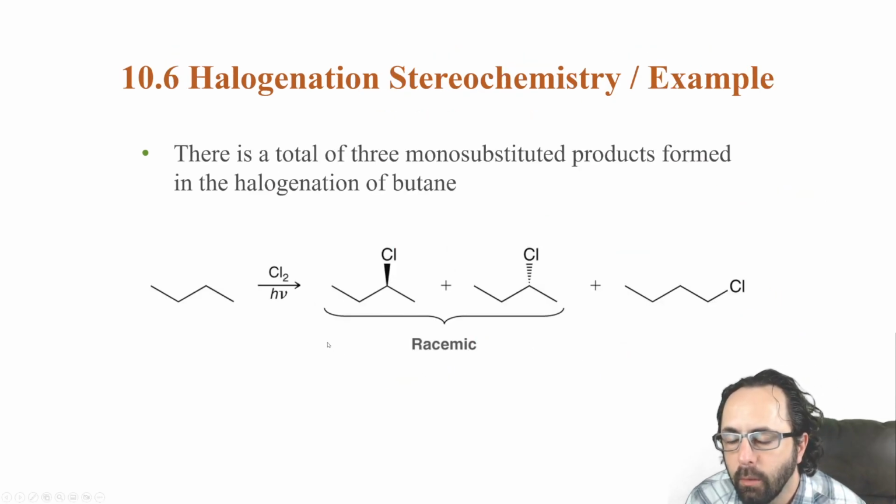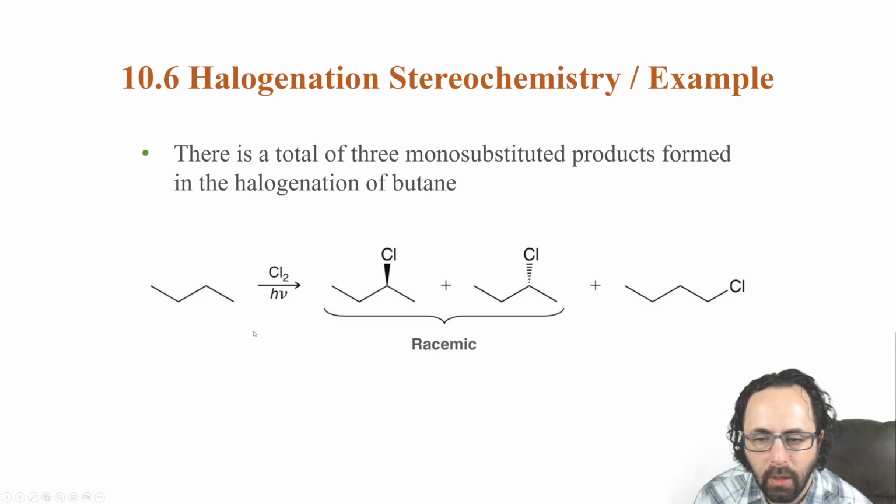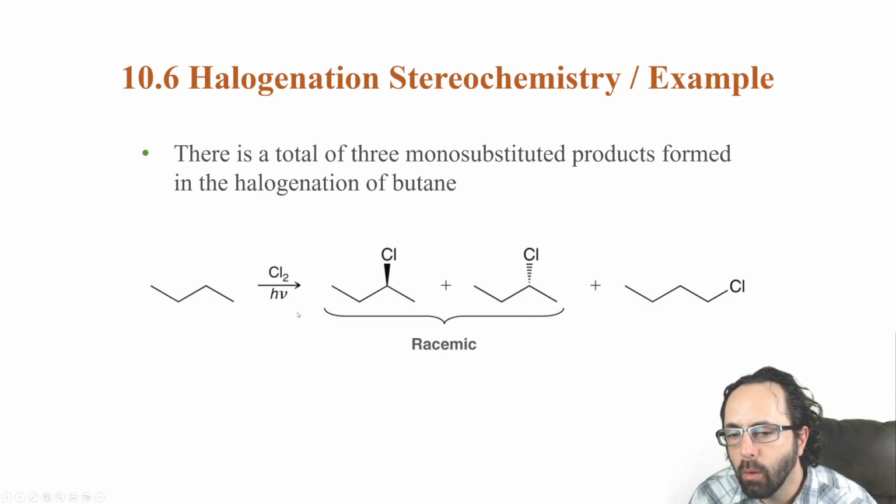When it comes to the stereochemistry of this result, remember this is going to go through a radical intermediate, which is a flat trigonal planar situation. We have a carbon radical with 3 bonds and one electron, and so we're going to get a racemic mixture of products because the chlorine can add equally from one side or the other, in the case of a carbon atom.